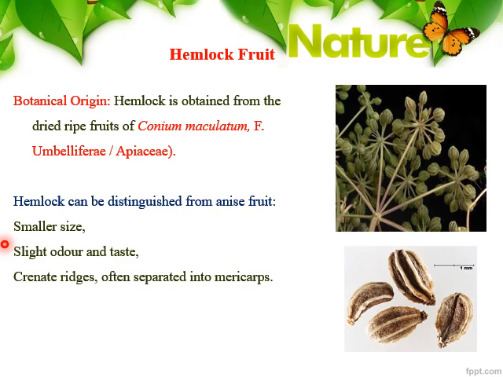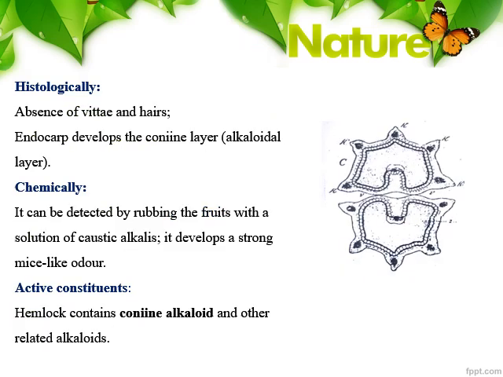Conium is similar to anise, as we said, but it is smaller in size. The taste and odor are absent. The ridges are crenate and usually separated into two mericarps. Histologically, it is characterized by the presence of grooved endosperm.